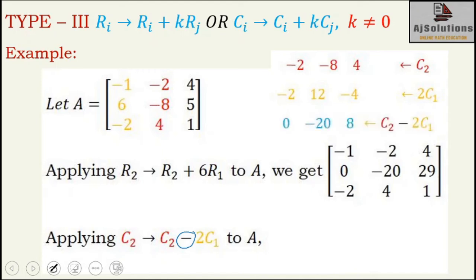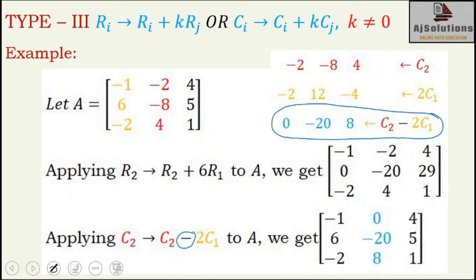So if I subtract, I get this 0 minus 28. So this will be your next C2, our new C2, second column of the matrix. So we get this matrix as a new matrix after applying transformation C2 minus 2 times C1.